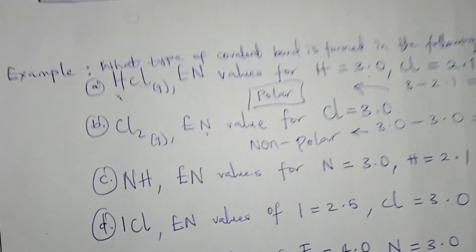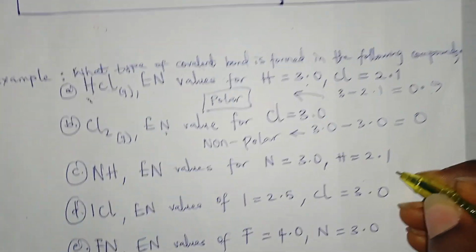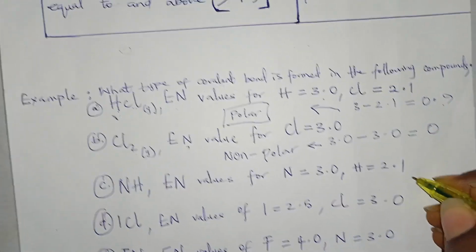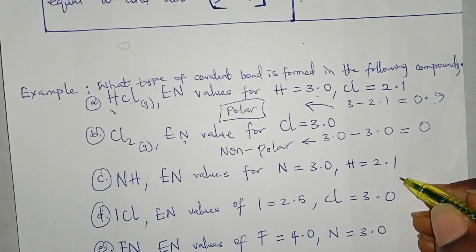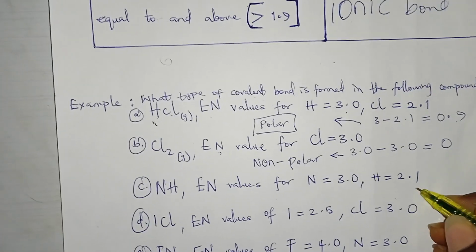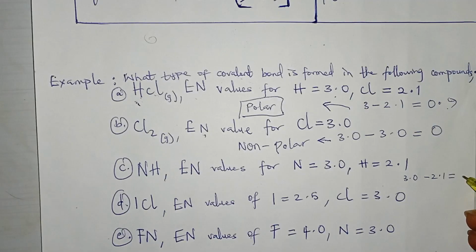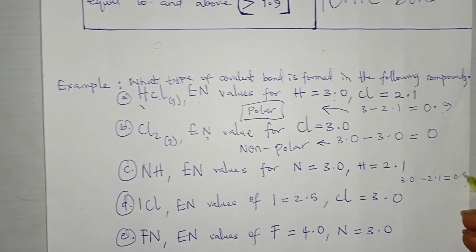So down to the third question, C question. This C question is almost like the first one. So this is 3.0 minus 2.1, which will give us 0.9.